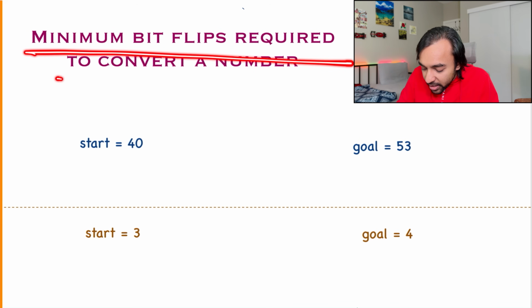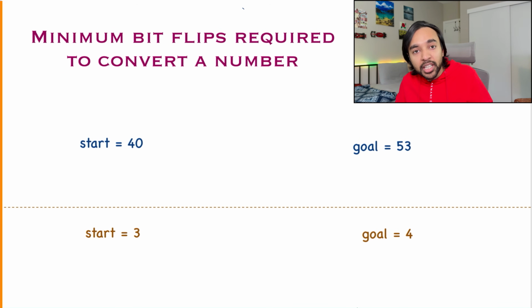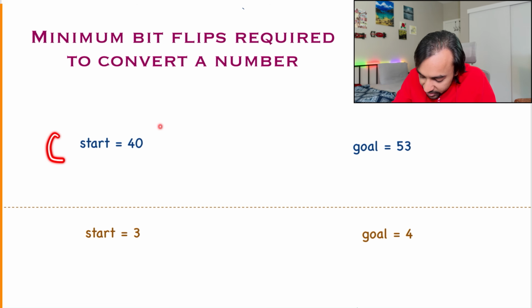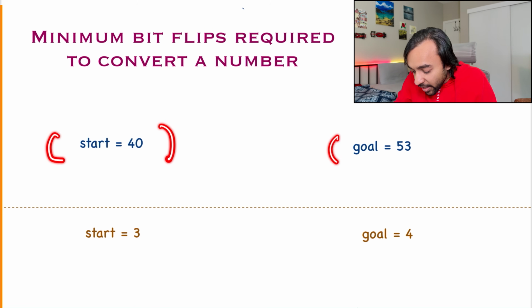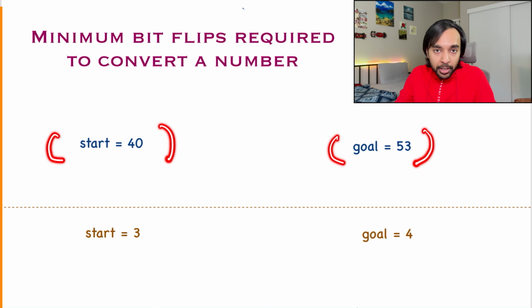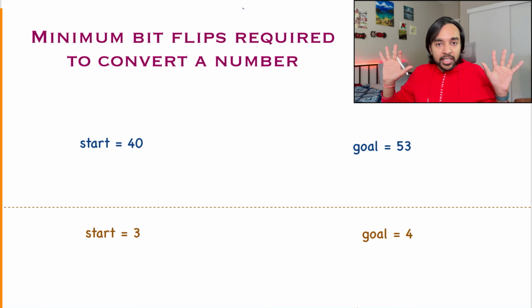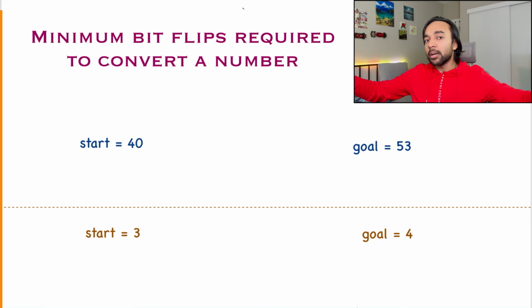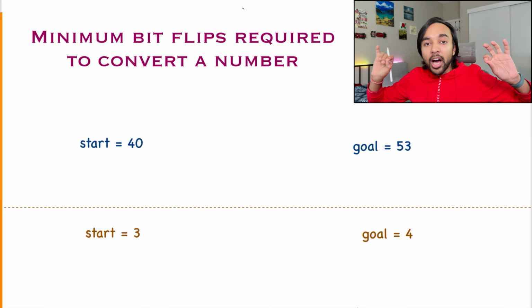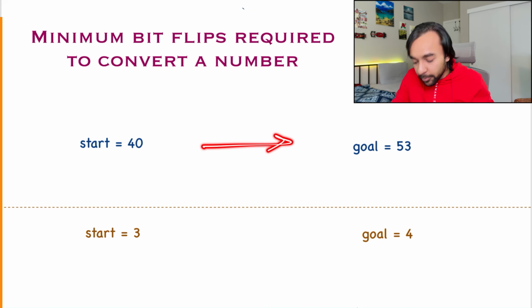You need to find the minimum number of bit flips required to convert a number from one to the other. For example, my starting point is 40 and I have to reach the goal of 53. You will be given a problem just like that. This is your start number, this is the end number 53. Now, how many bit flips do you need so you can reach over here?